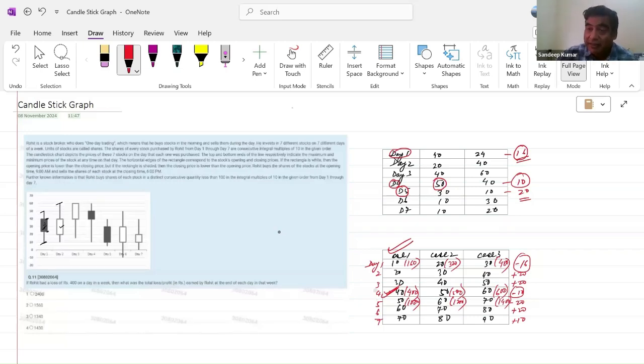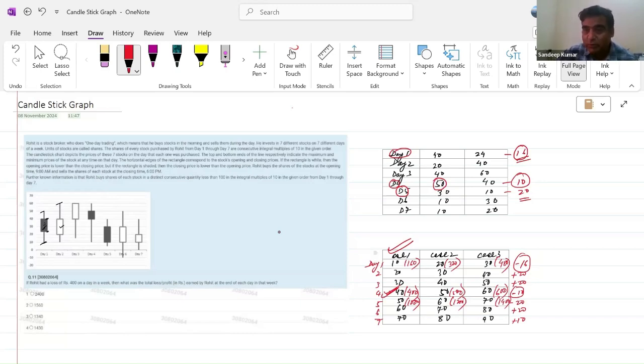Now, once we know this, we have technically solved the question. Okay, so now let's see. What does the question ask? If Rohit had a loss of rupees 400 on a day in a week, then what was the total loss or profit earned by Rohit at the end of each day in that week? What was the total loss or profit earned by Rohit at the end of the week?